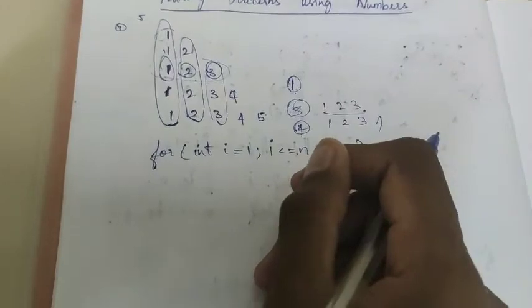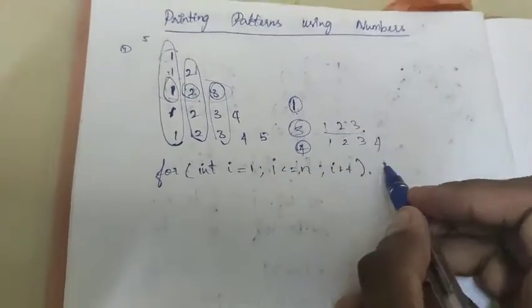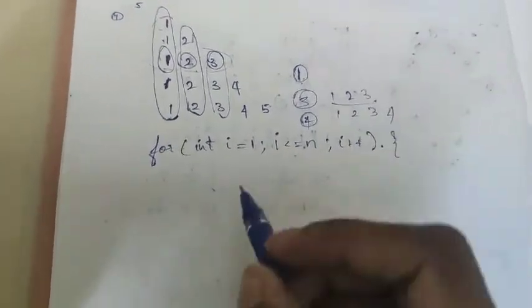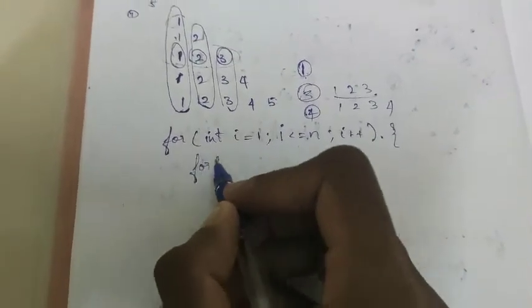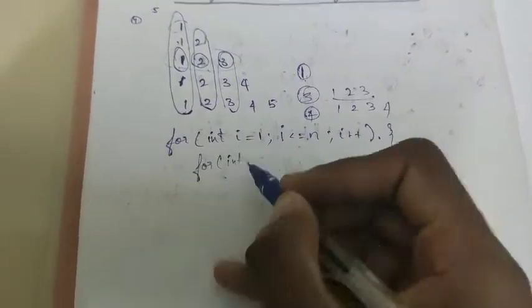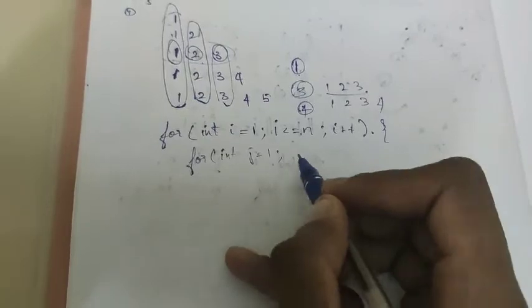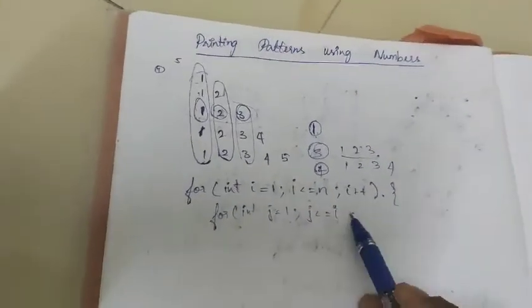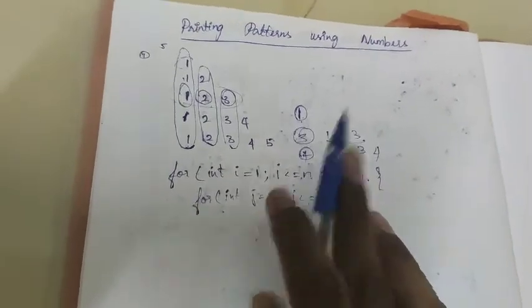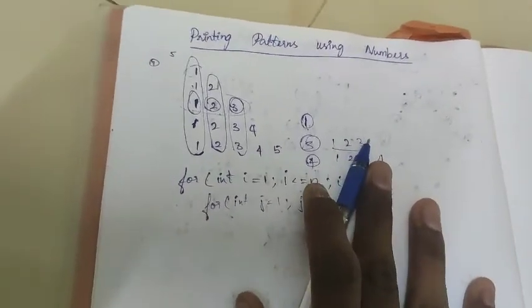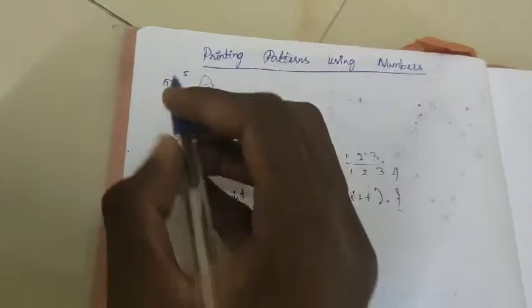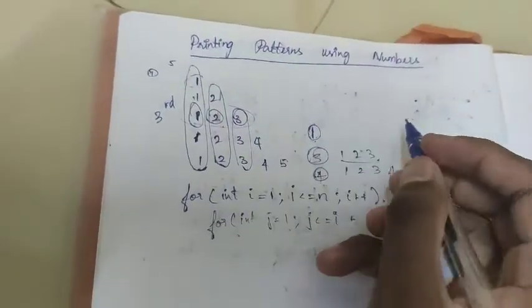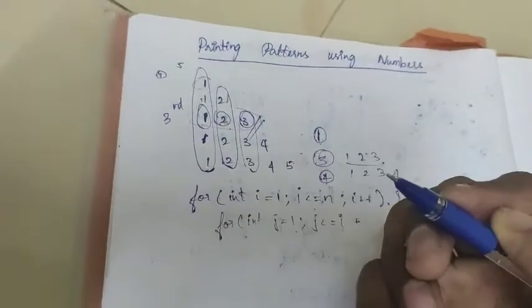In this example I am taking the number as 5 for convenience. For the inner loop, int j is equal to 1, j less than or equal to i, that is, the value of j doesn't exceed the corresponding row. If I take the third row, my value doesn't exceed 3, so it should stop at 3, right?